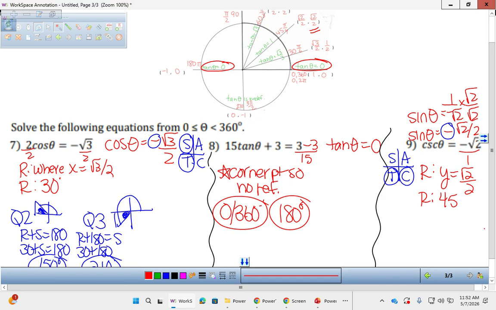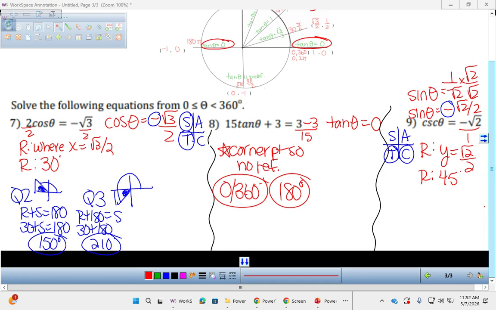So the reference angle is 45 degrees. We already made a Q2 triangle over there in number 7, so I already worked out that the rule is R plus S equals 180 together, right? But I have 45. So what I'm doing is 180 minus 45.